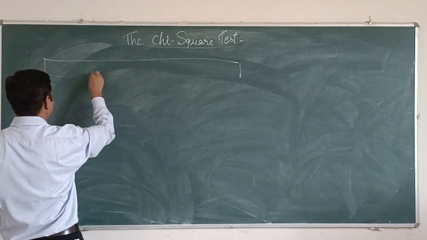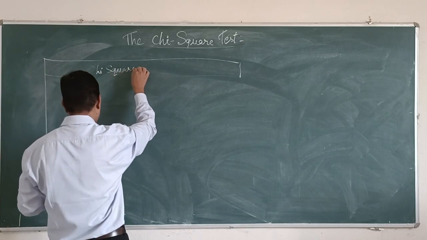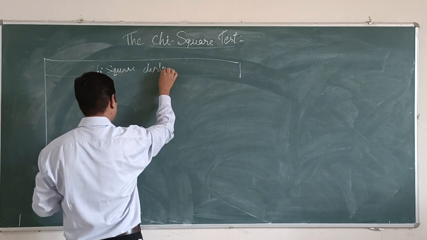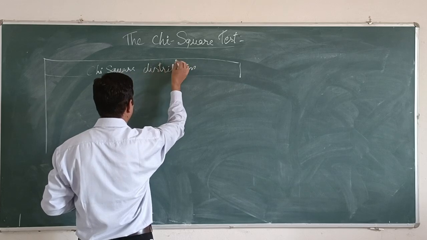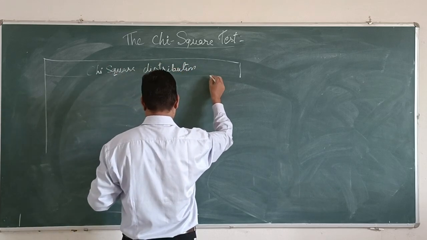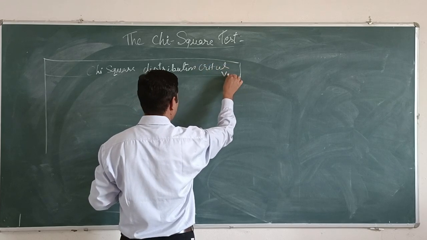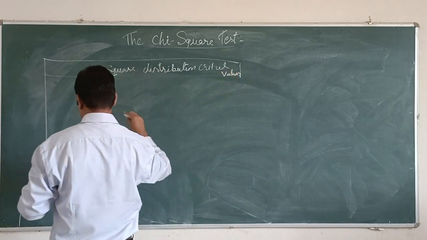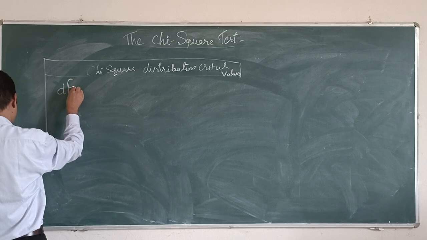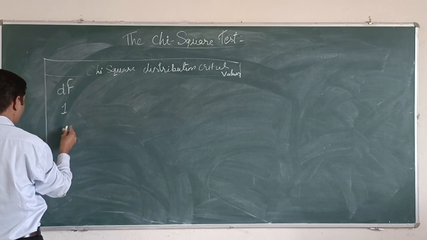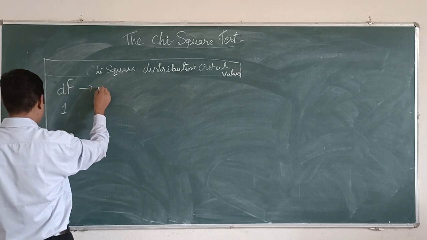This is the chi-square distribution critical value table, where df is the degrees of freedom.